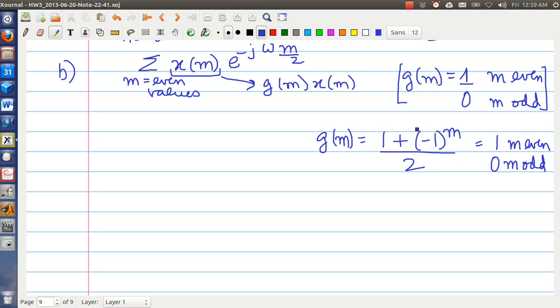And it's possible we'll be needing another simplification, which is that minus 1 is actually e to the j pi, right? E to the j pi is minus 1, and so is e to the negative j pi.